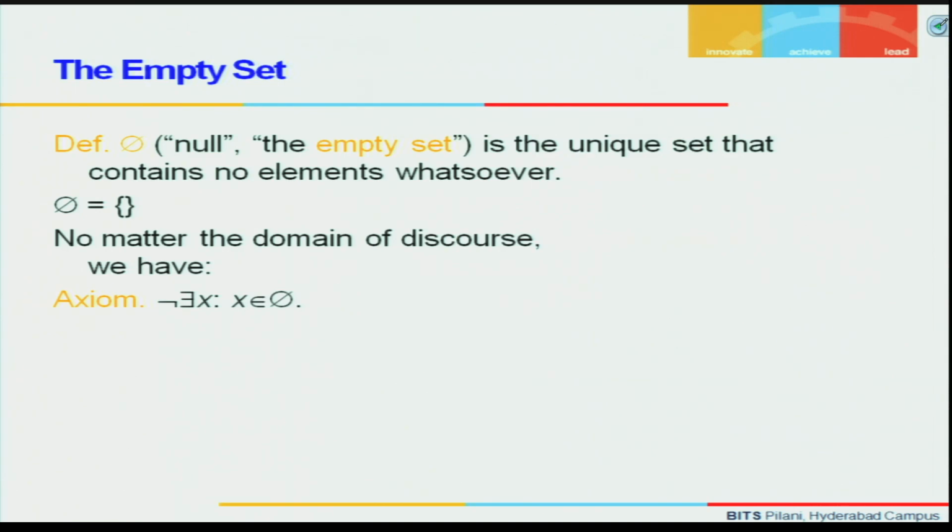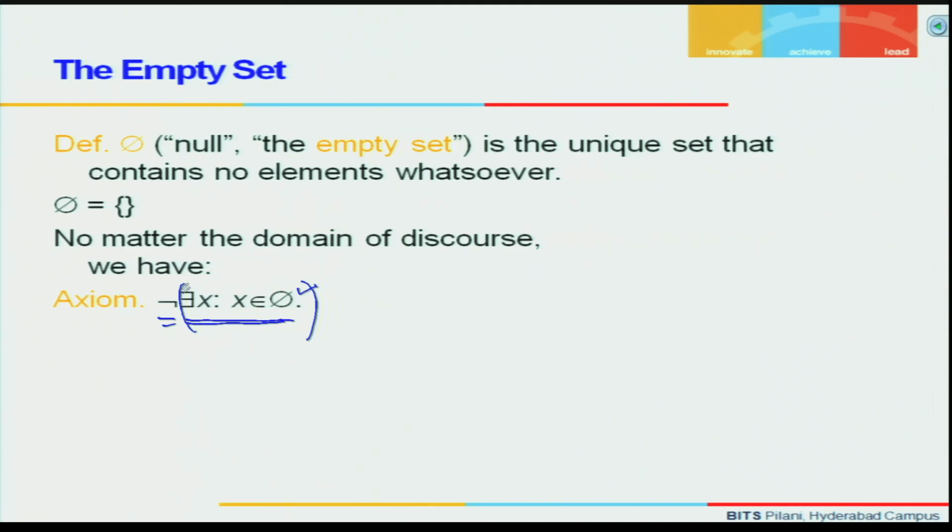theorems. One of the axioms in set theory happens to be this particular thing. What does it mean in predicate logic? There exists x belongs to empty. There exists an element x such that x belongs to this particular set called empty set. It should be false. That is what this means, isn't it? Not of there exists x belongs to empty set.